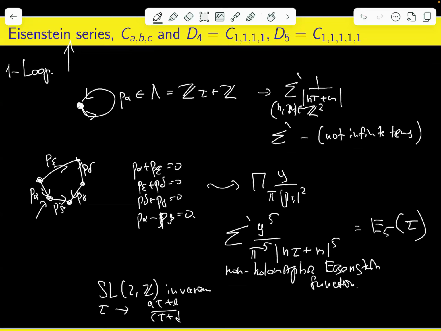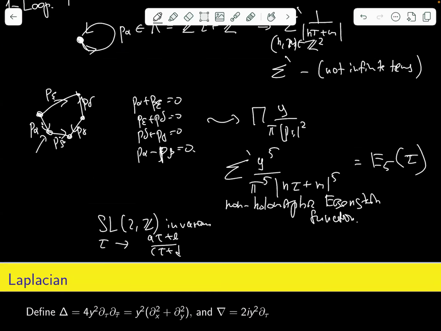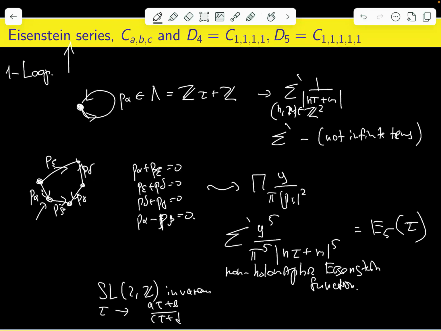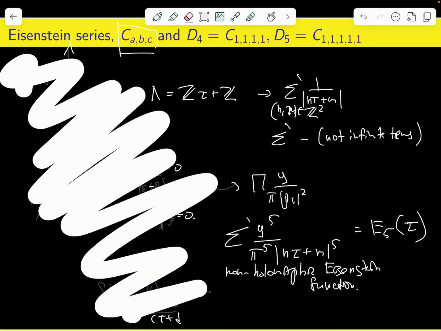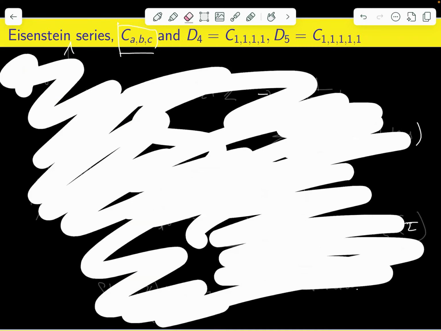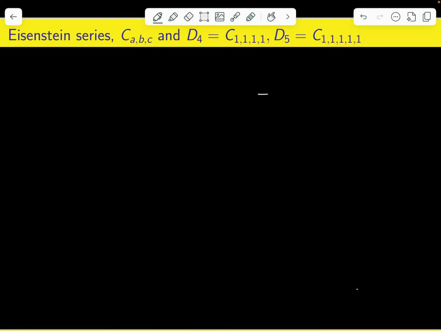That's the Eisenstein series. Now let me explain what happens with two loops. That is C alpha beta gamma. Let me erase everything here. Sometimes this C_ABC is drawn like that, just an interaction of three particles.